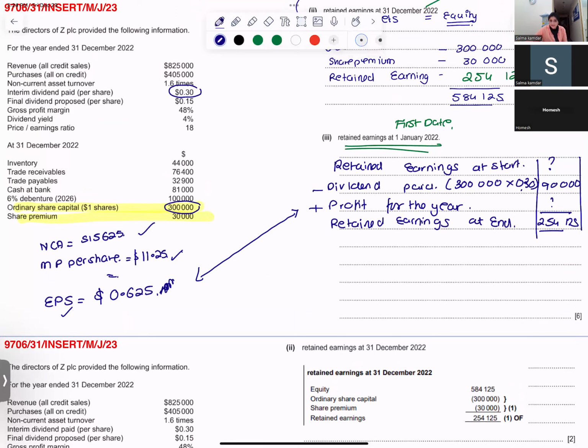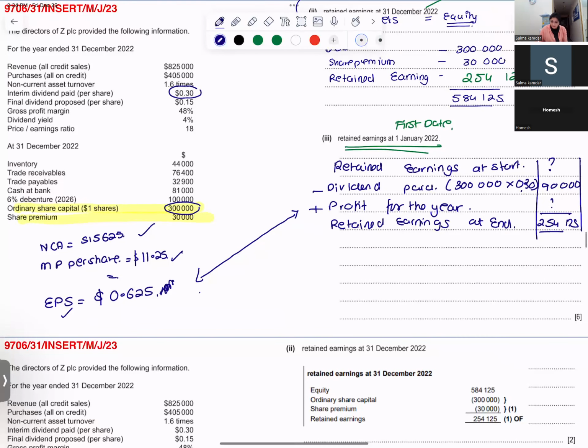What is the meaning of earnings per share? Earnings per share is basically how much money you get per share. It's found out by using profit for the year divided by the number of issued ordinary shares.